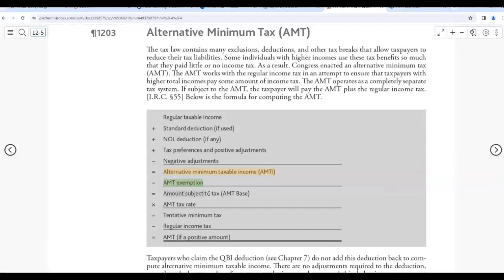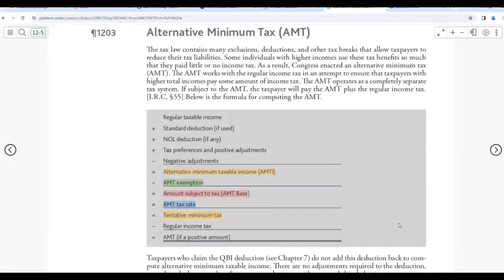Now tell me how much AMT base you have, which is red color. Now that we know how much AMT base you have, we're going to tell you to multiply that by a tax rate that we give you for your AMT tax calculation. So you end up with the tentative minimum tax.